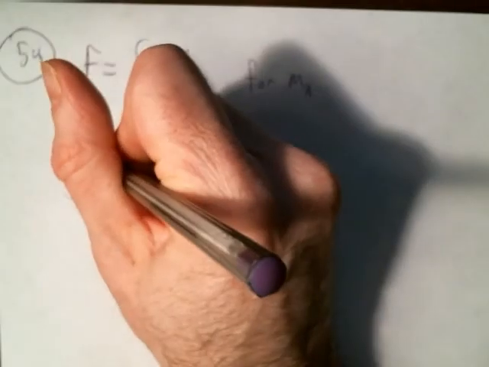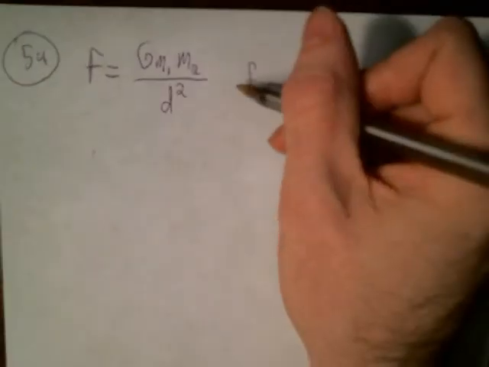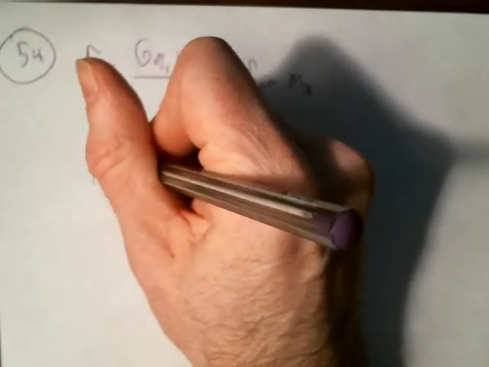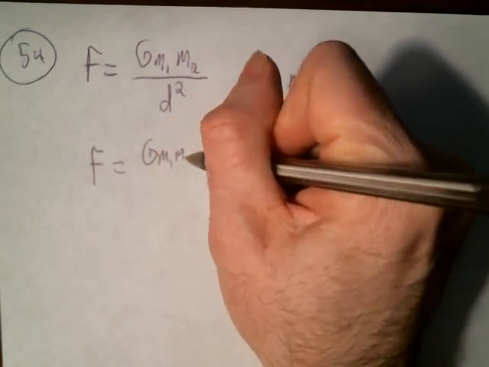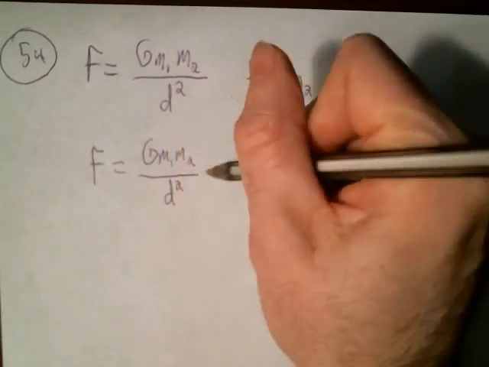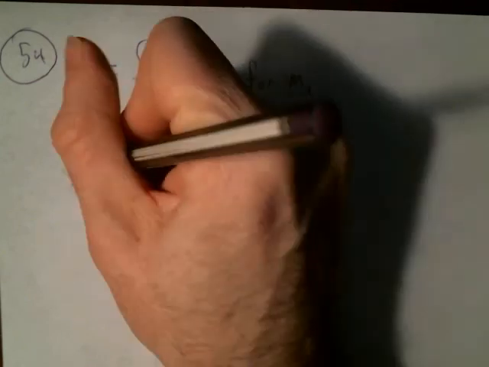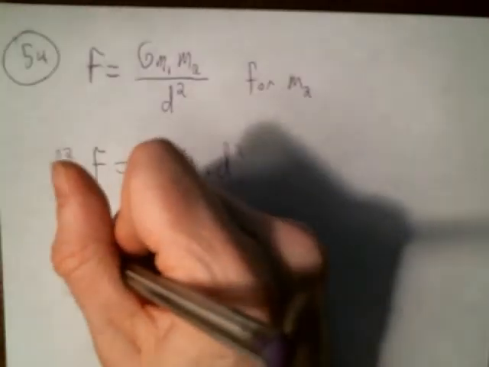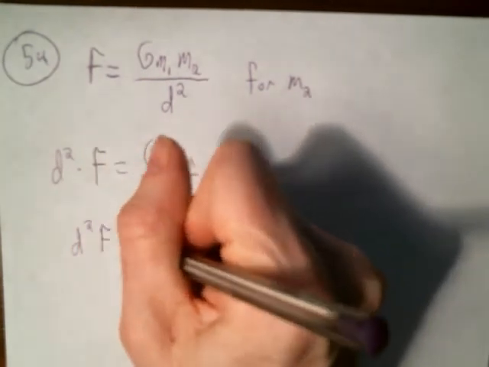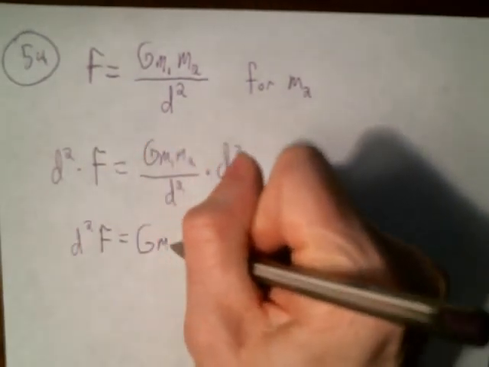So first I'm going to get rid of the denominator on both sides. I'm going to multiply both sides by d squared. So I'll have d squared times F equals big G M1 M2.